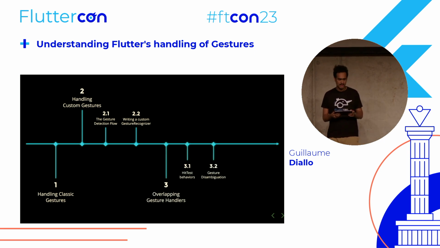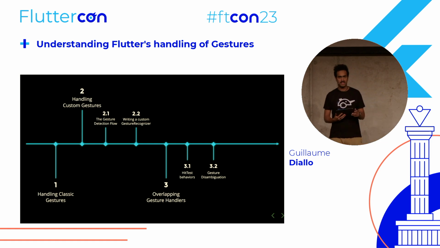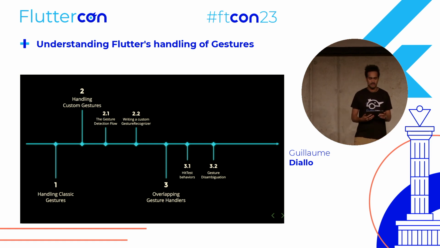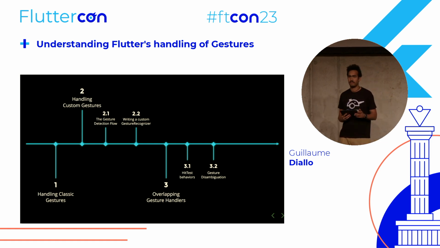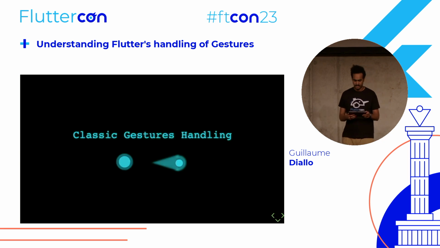And finally, we're going to see how Flutter handles overlapping gesture handlers. For that, we're going to understand how hit test behaviors work in gesture and how Flutter handles gesture disambiguation. Eventually, I'll show you a little bit about how you can test all those gestures that you can implement.